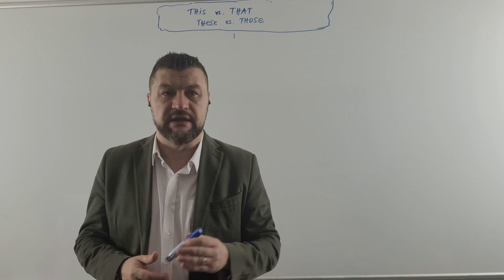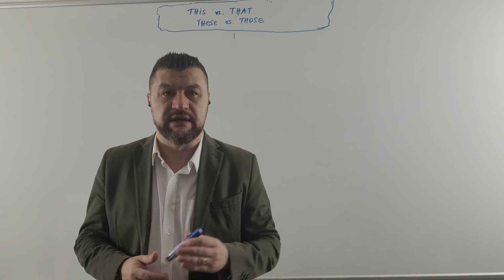So, we have to divide these two categories of demonstrative pronouns. First of all, in terms of distance, closeness to us. So if I say this marker is because I'm holding it.